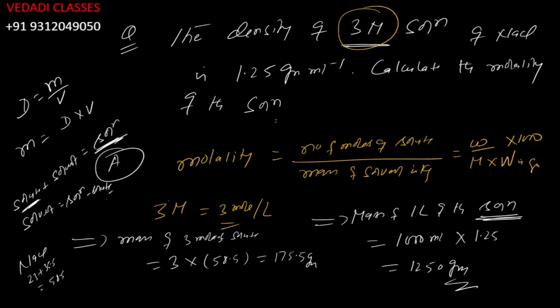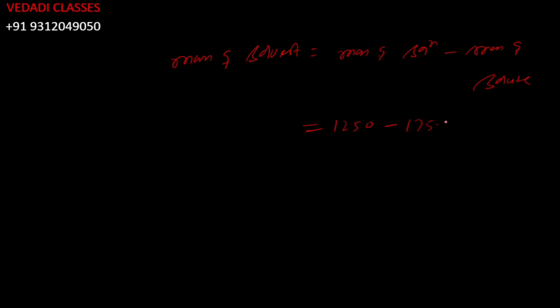So what did you obtain? You obtained the mass of the solution and the mass of 3 moles of solute. Now you need the mass of solvent. So mass of solvent is equal to mass of solution minus mass of solute. Mass of solution you got is 1250, minus 175.5. When you subtract it, you will get 1.0745, this is in kilogram.